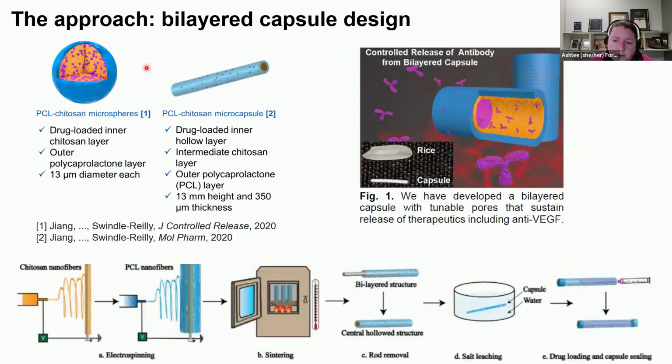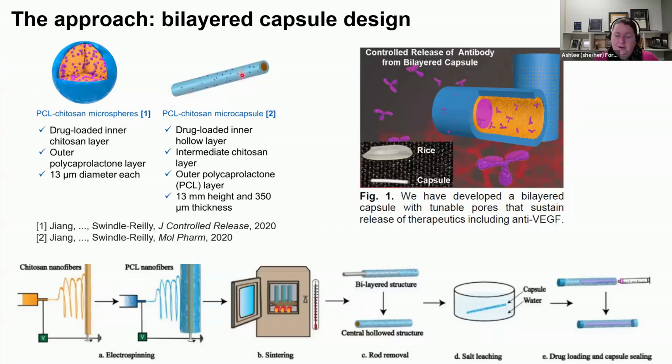So what our collaborator has come up with is two different biomaterials approaches. One is more classic microspheres, with just 2 layers to extend the release lifetime. These are on the order of 13 microns, and I'll just note this is 10 times larger in height than that.